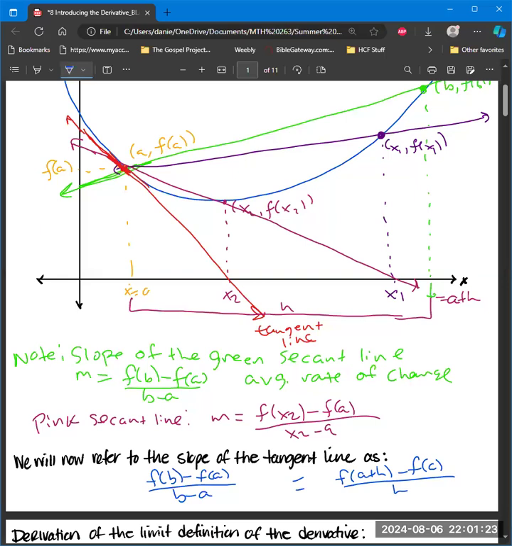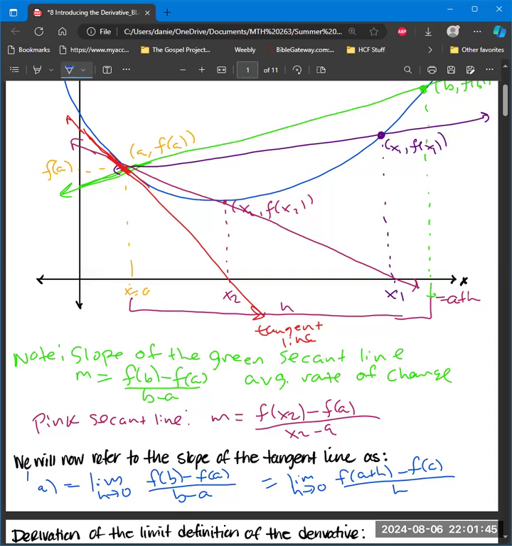And so I'm going to take the limit as h goes to 0 of these, and this is going to be equal to my derivative at a. We'll talk about that definition in just a second.